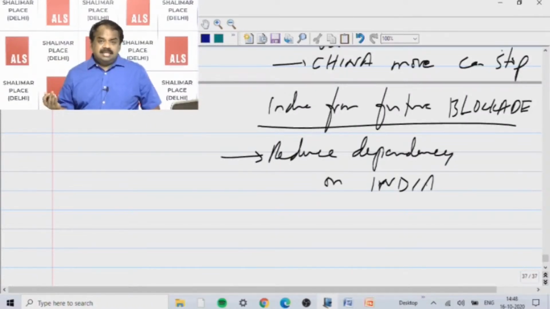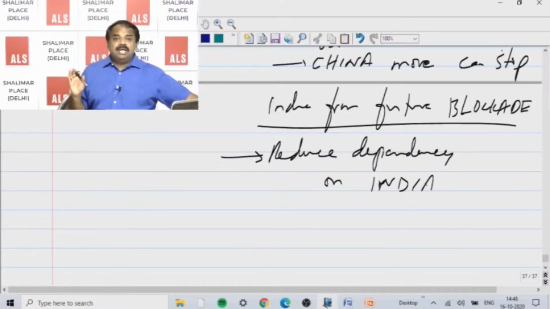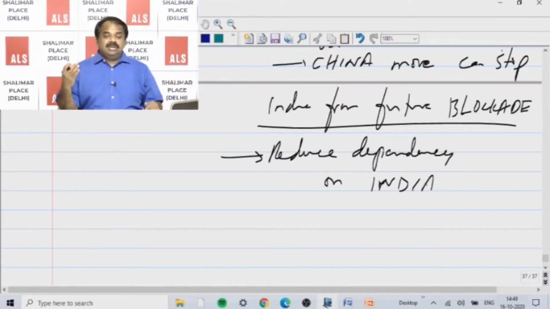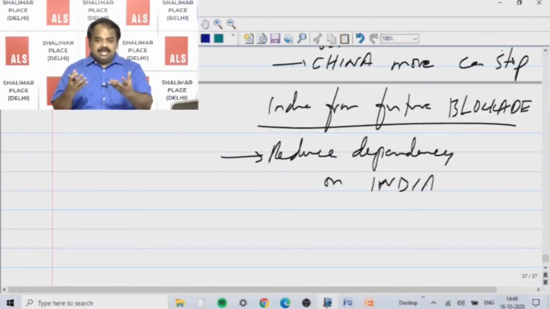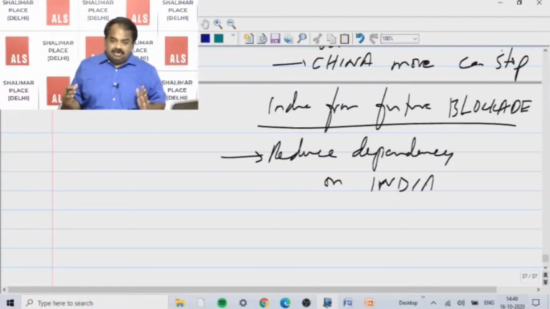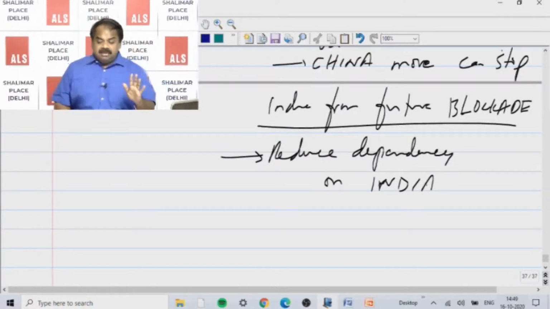In the name of communism, they have captured power. It's an oligarchy. A group of people captured power with the broad name of Communist Party. Otherwise, they are not following any communist principles. There is no concept of the state controlling the economy. They want a few individuals to control. That's all. Otherwise, they have given up on everything.